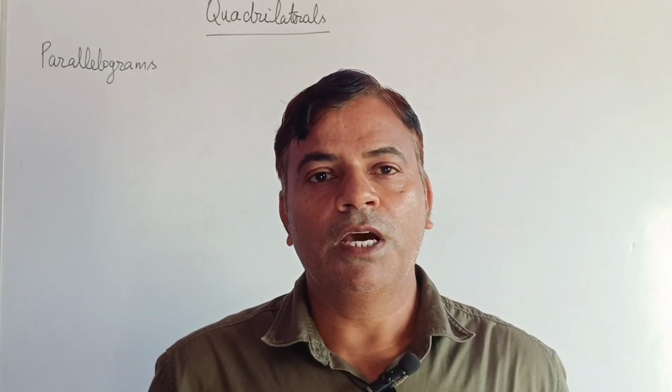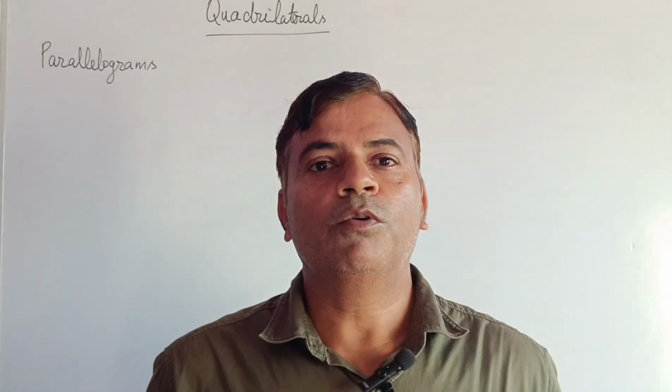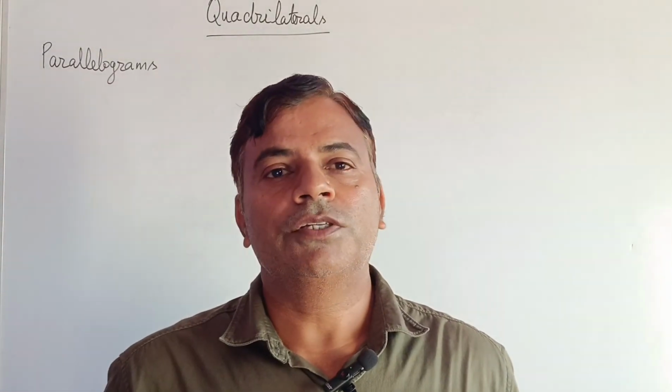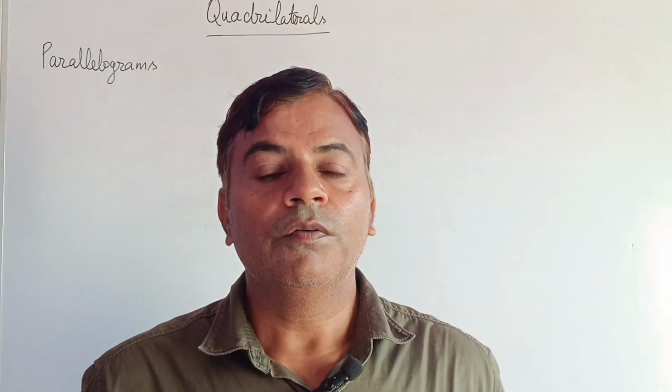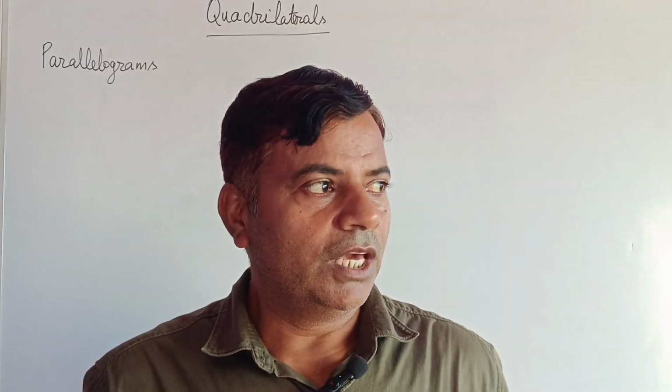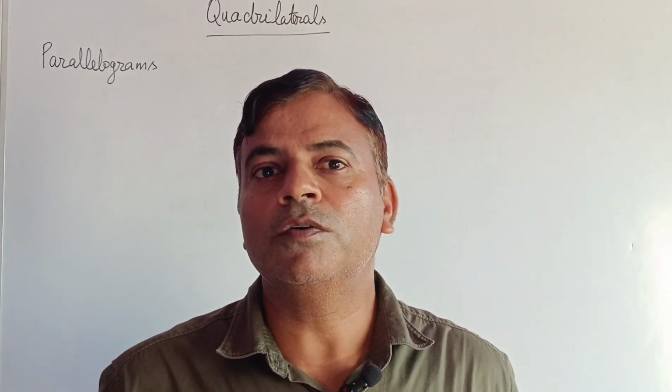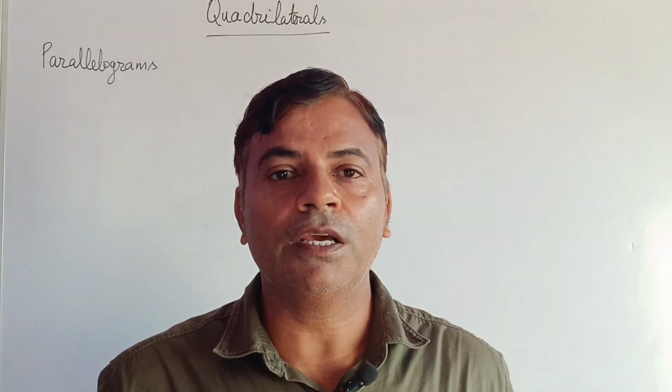Today we are going to discuss the topic of quadrilaterals. We shall learn how many kinds of quadrilaterals there are and what their structure is. Quadrilaterals are shapes or regions bound by four sides, and the sides may be equal or unequal, depending on which kind of quadrilateral it is.